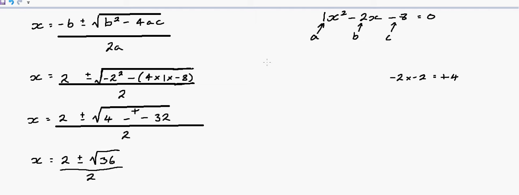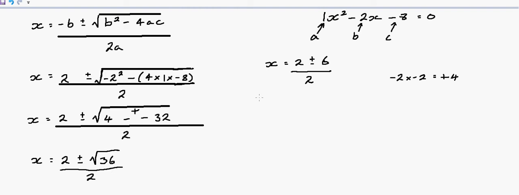So we'll have x equals 2 plus or minus, now the root of 36 is 6, because 6 times 6 gives us 36, and again that's over 2. So all we've done is shrink the root and then got our number out.